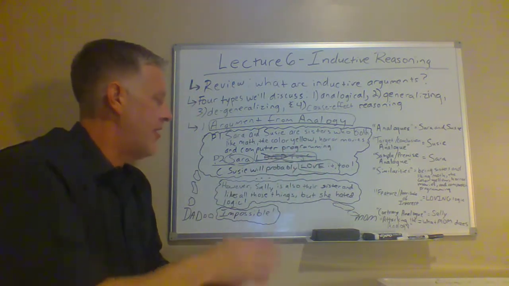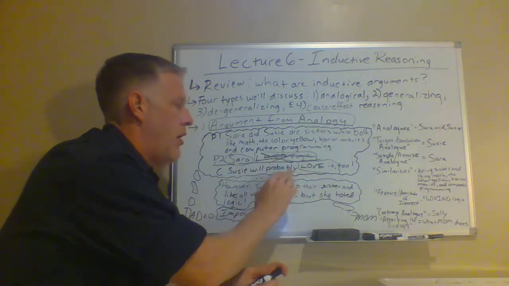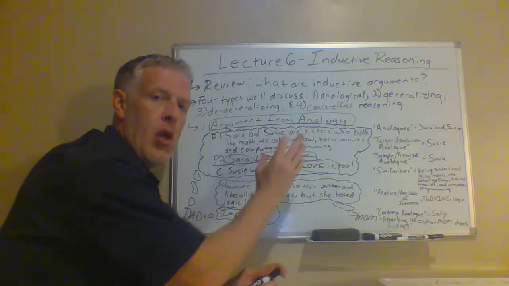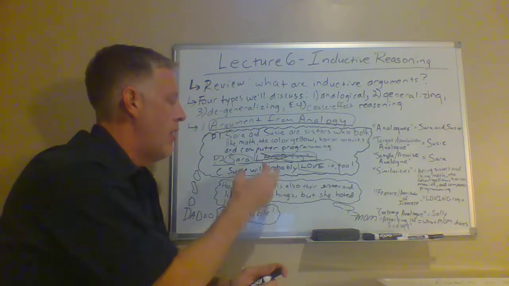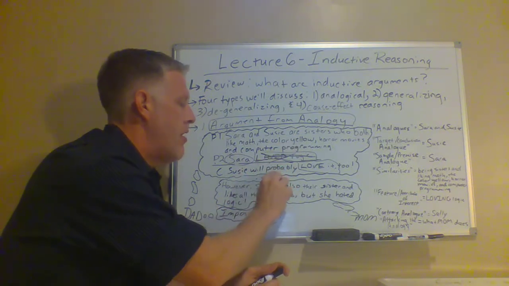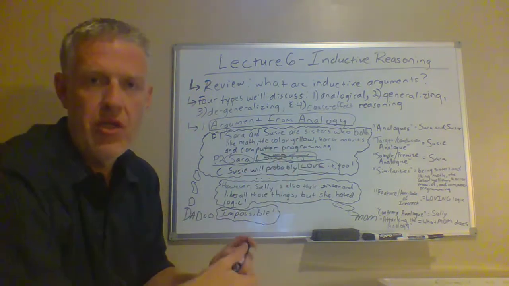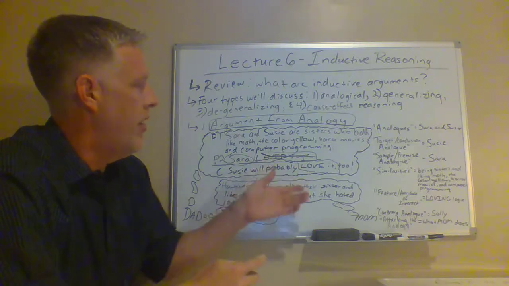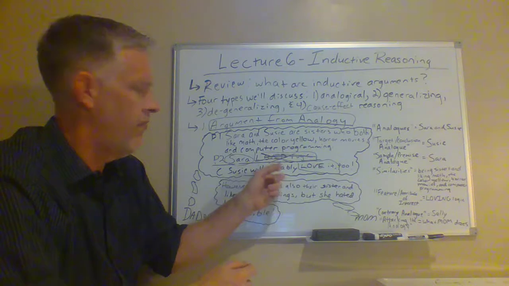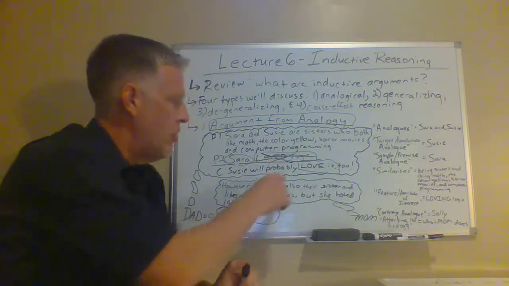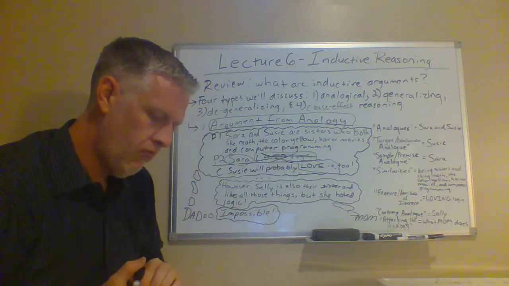So obviously that is going to weaken the strength of the overall argument. The more contrary analogs we can provide, the weaker the conclusion of that argument from analogy. Because we're showing, hey, it's possible to have all that stuff in common and not have that feature or that attribute of interest.